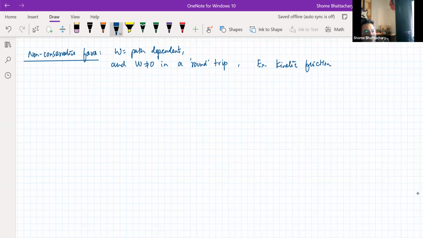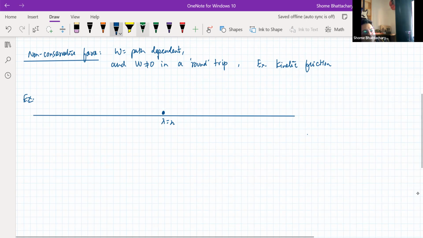Now let's look at a one-dimensional example. For a particle moving along our x-axis, whenever it is at some coordinate x equal to x, let us say there's a variable force F acting on it.